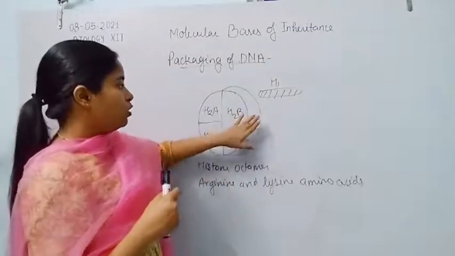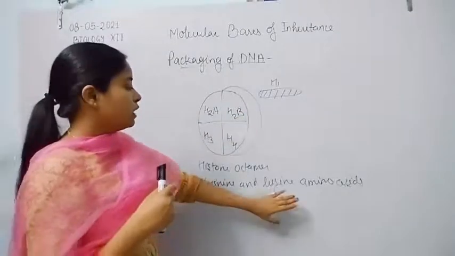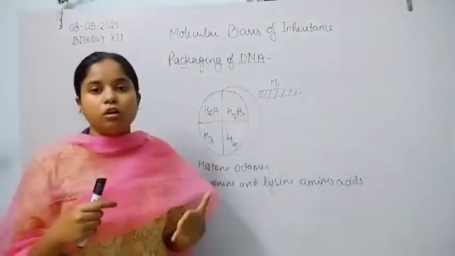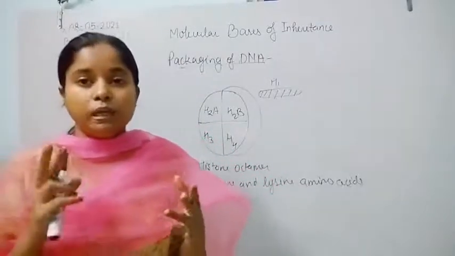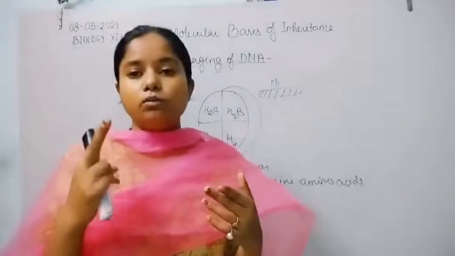Because the histone protein is formed by arginine and lysine, and the DNA molecule is formed by phosphate, on the phosphate group there are two negative charges present.